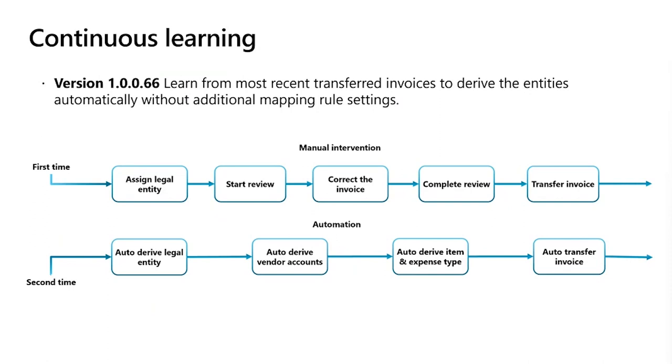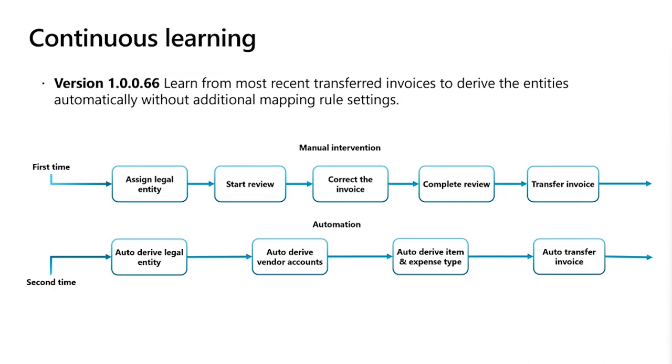So when the first invoice comes, the AP clerk needs to follow the manual steps to assign the entities if there is no mapping rule maintained in the invoice capture. After review, the invoice is transferred into F&O successfully. Then the system knows the combination between the invoice context and the entities.